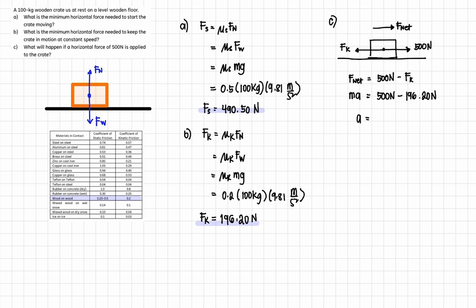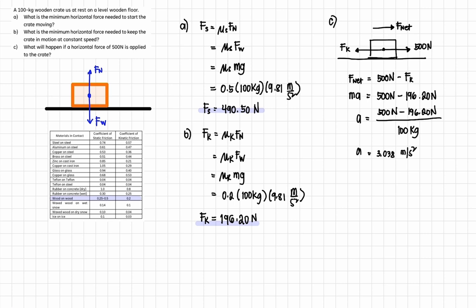So acceleration is 500 newtons minus 196.20 newtons divided by the mass of the crate, which is 100 kilograms. So a is equal to 3.038 meters per second squared.